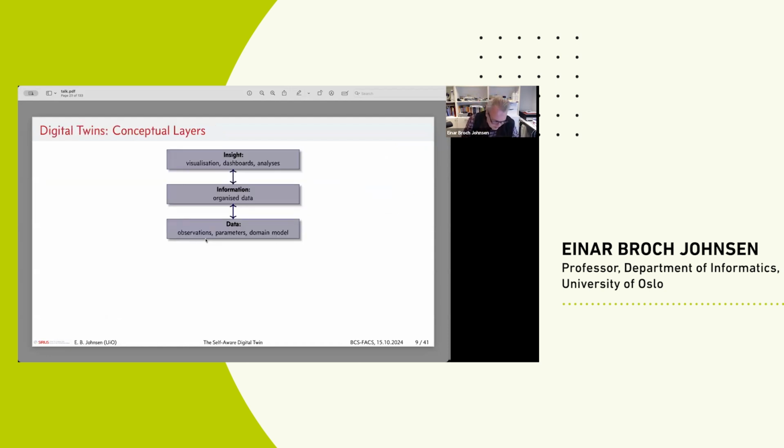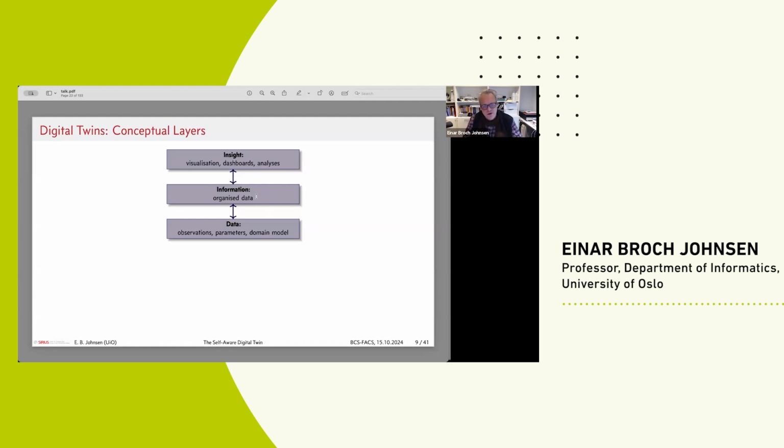So this is a little bit of background. So now, how can we think about these digital twins? And the way I'm thinking about it is in terms of layers of information. So at the bottom here, we have a data layer, which consists of domain models, observations about the physical system, parameter spaces for models, and so on. And then we have an information layer, which is based on organizing this data.